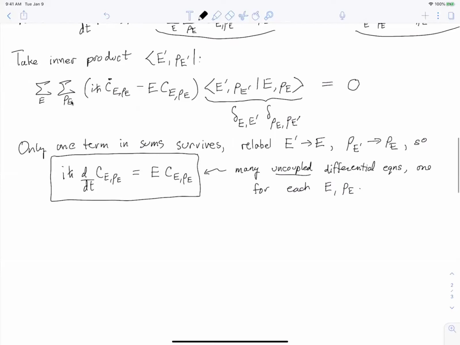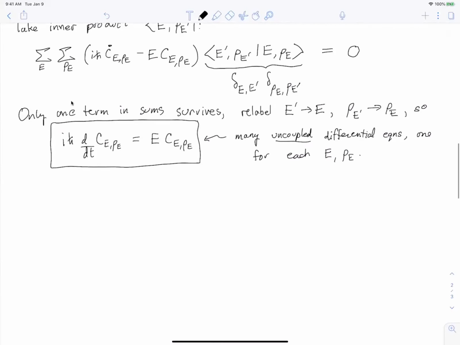So the nice thing about the fact that they're uncoupled is that means we're going to be able to solve this pretty easily. So to solve this differential equation, we can write it as differential of C sub E, rho sub E divided by C sub E, rho sub E. Okay, now when I divide by it, I'm assuming it's non-zero.